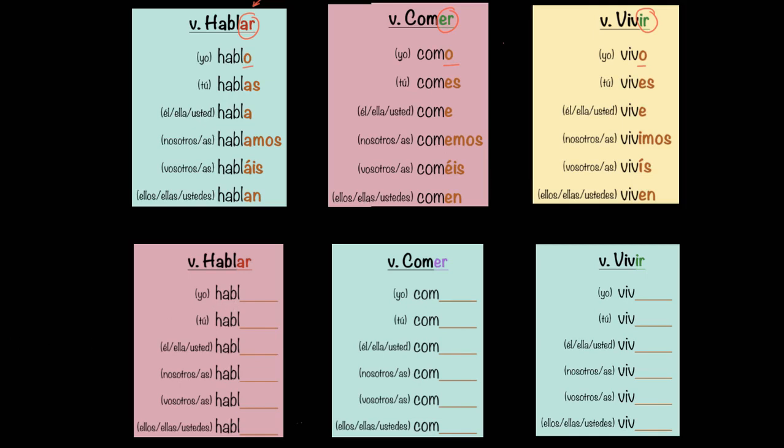For the I form, notice that in the present indicative the general trend is to have an A, because it's an AR verb. In the present subjunctive, I would use it in sentences like me pide que hable, so he or she asks me to speak. So it's que yo hable, it adds an E.